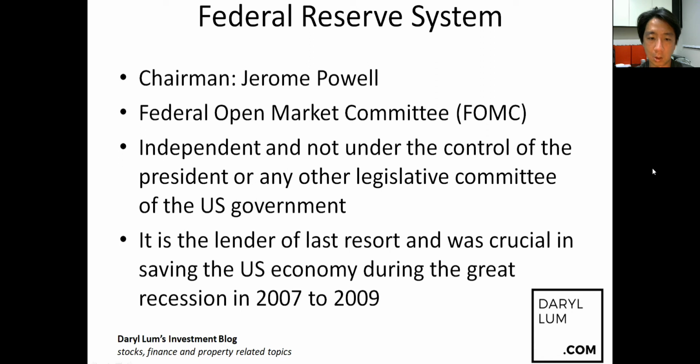But in all honesty, because of the severity of how bad the Great Recession was in 2007 to 2009, the medicine, so to speak, that the Fed prescribed and administered on the US economy was pretty intense. And even till today, we are feeling the effects of this injection of stimulus.